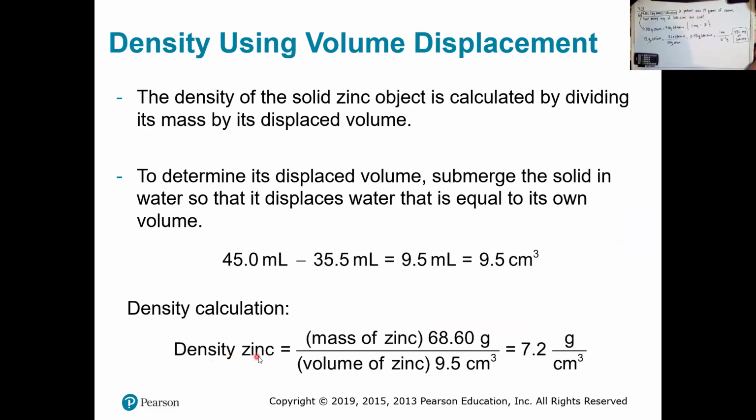Then to find the density of that zinc, take the mass value, 68.60 grams from your balance, and divide it by the volume of the zinc, which is 9.5 milliliters or cubic centimeters. When we divide those, we get 7.2 grams per cubic centimeter.